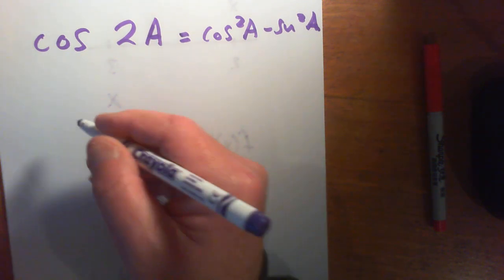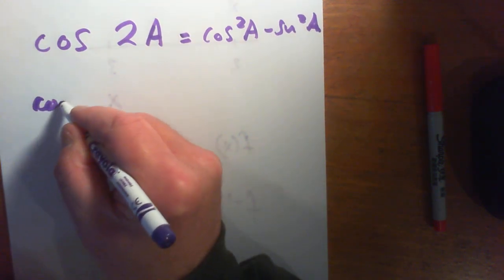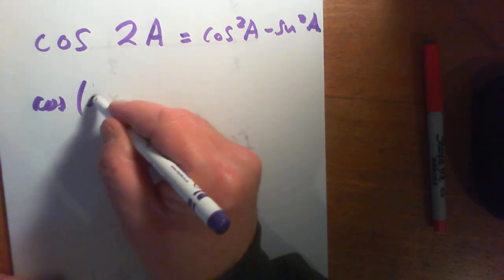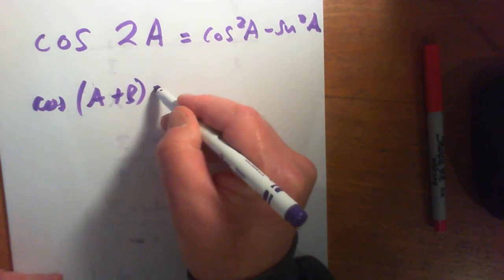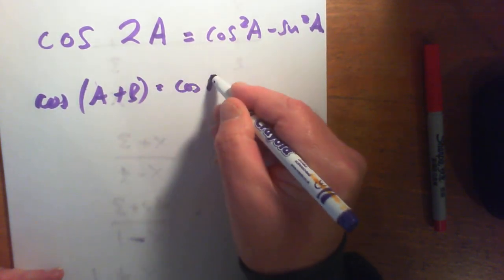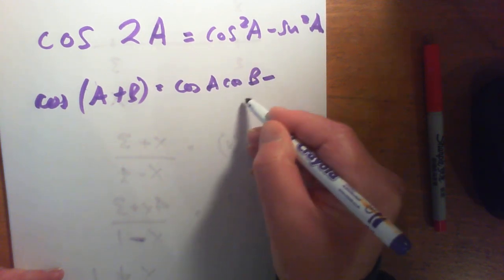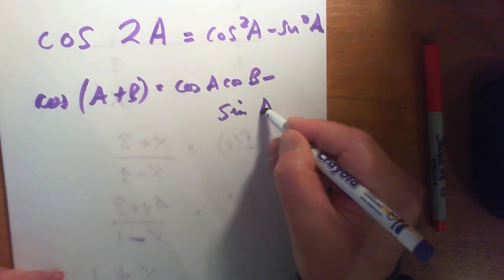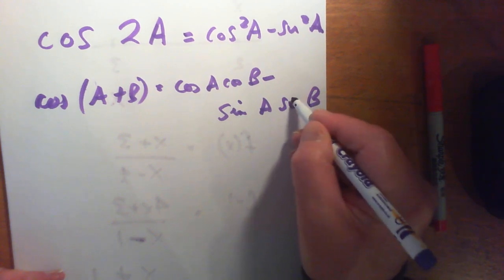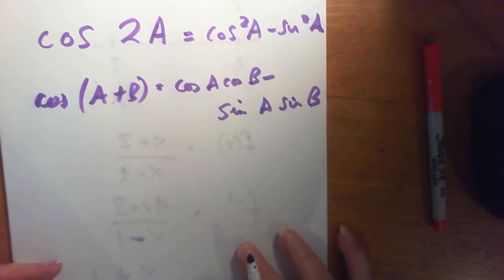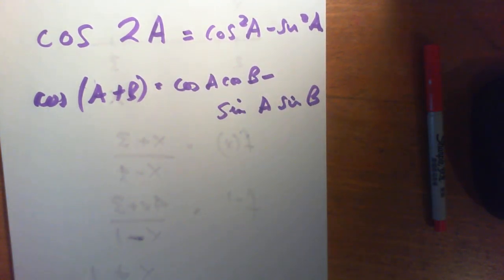What you really need to put down initially is cosine... okay, that is the sort of standard identity, and that's what you need to put down.